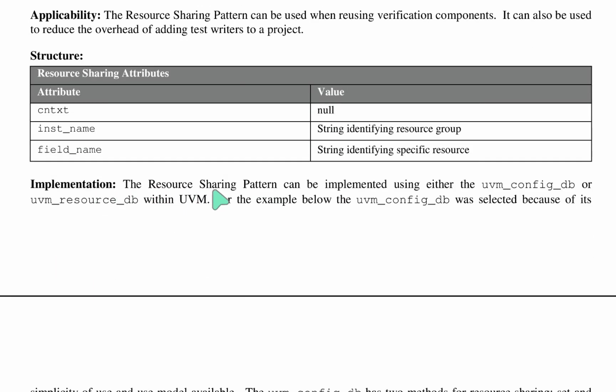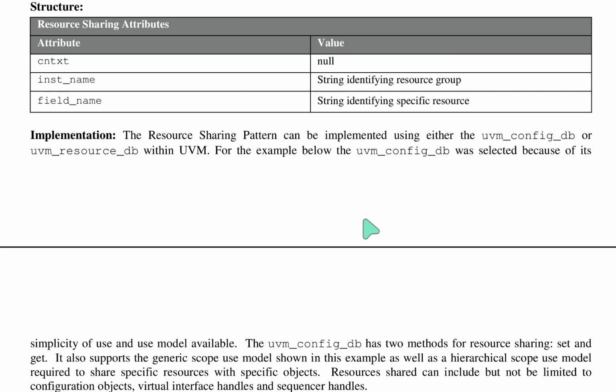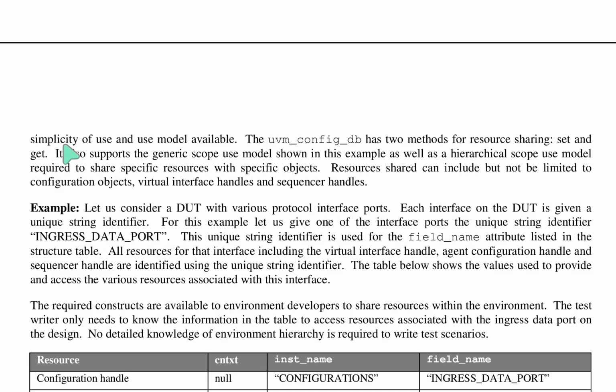Implementation: the resource sharing pattern can be implemented using either the UVM_config_db or UVM_resource_db within UVM. For the example below, the UVM_config_db was selected because of its simplicity of use and the use model available.